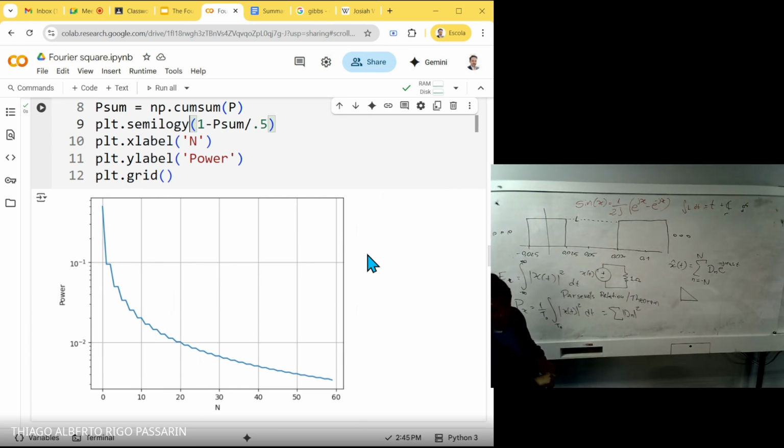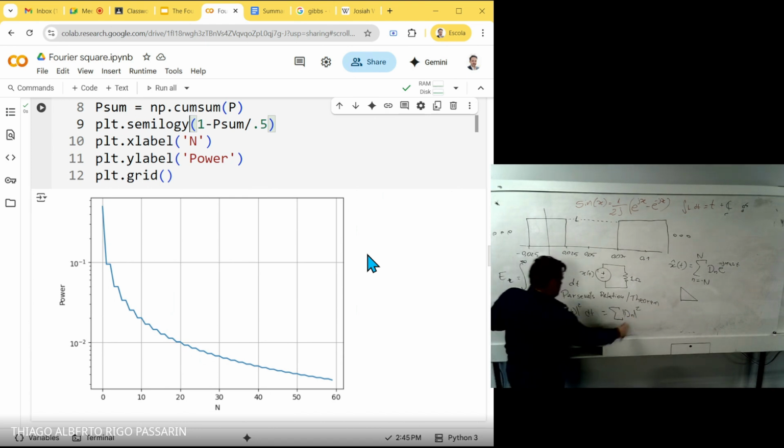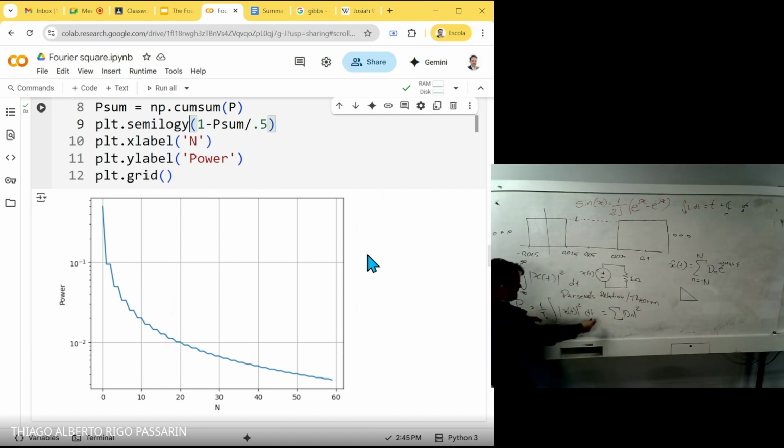The relation is the relation between the time domain and frequency domain way of computing the power. This is the Parseval's relation, the fact that this integral equals this summation.